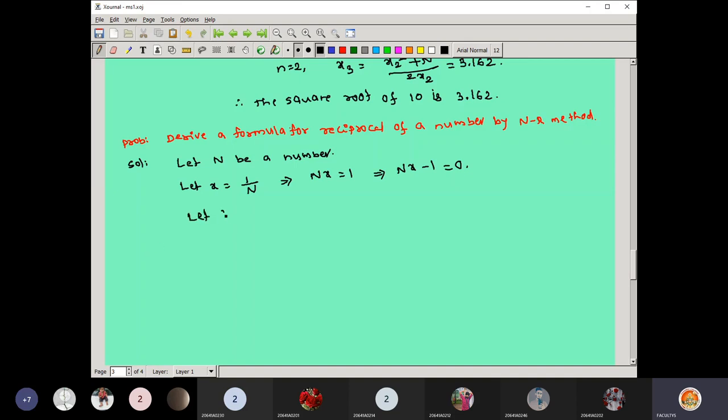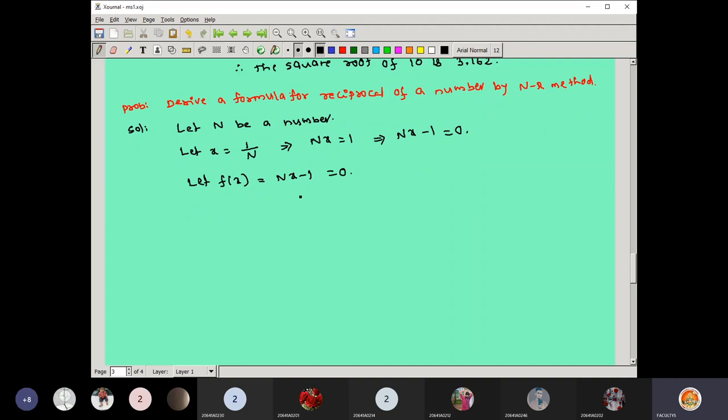That expression I suppose as f of x, which is equal to Nx minus 1, equal to 0. Here you need not calculate any a and b values. Only if a special case is given do you go for a and b values.